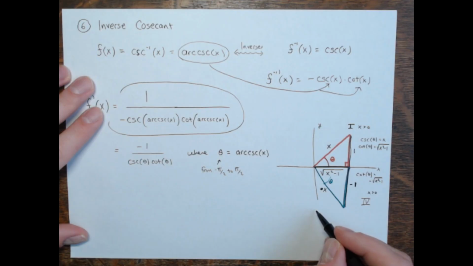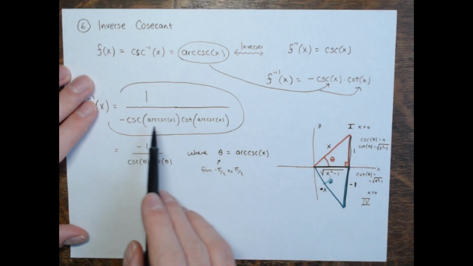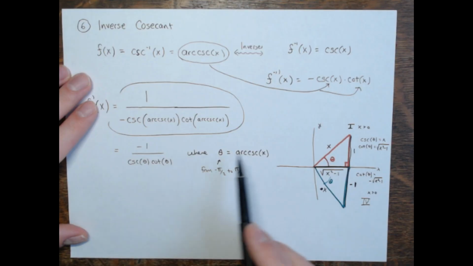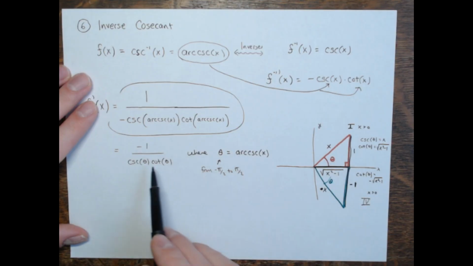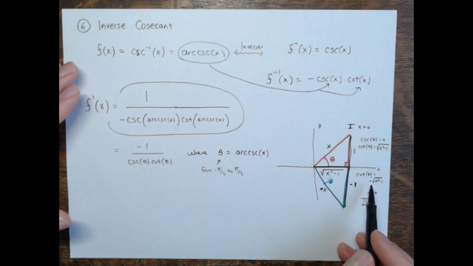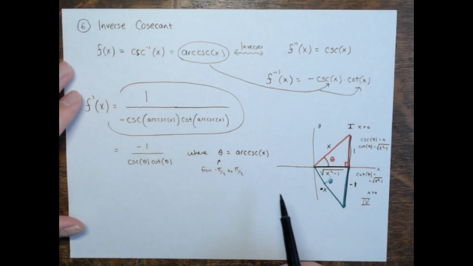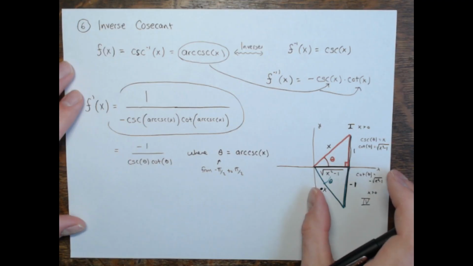So again, similar stuff happens where in one quadrant, we got a positive quantity in the denominator here, cosecant times cotangent. In the other quadrant, we have the opposite of that. So in a very similar manner to the inverse secant, this isn't the greatest explanation, I do apologize.